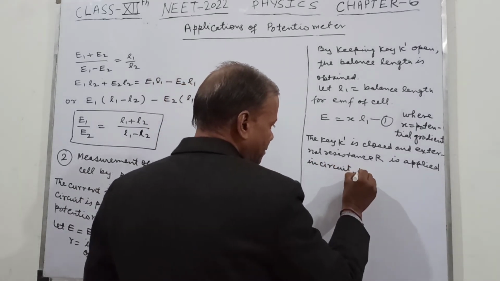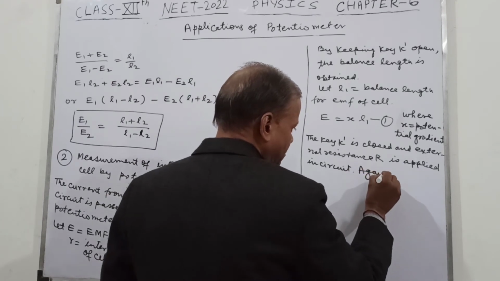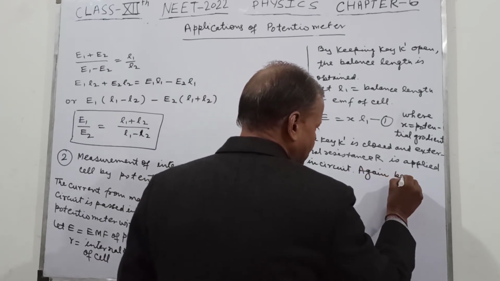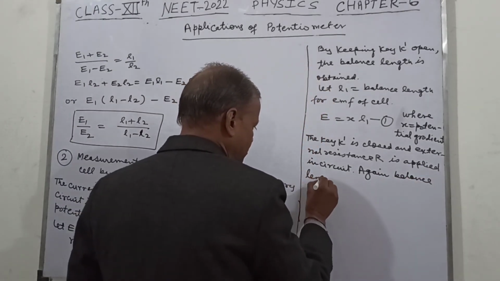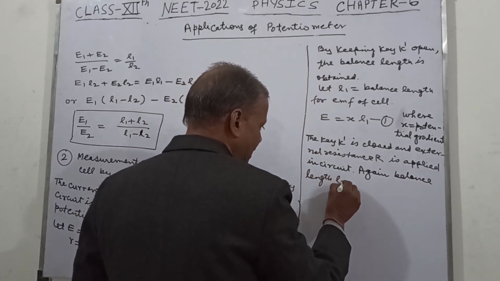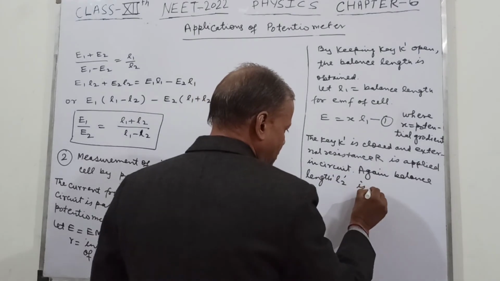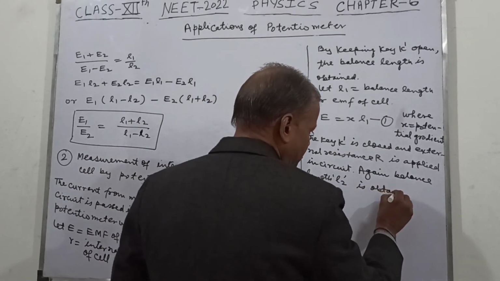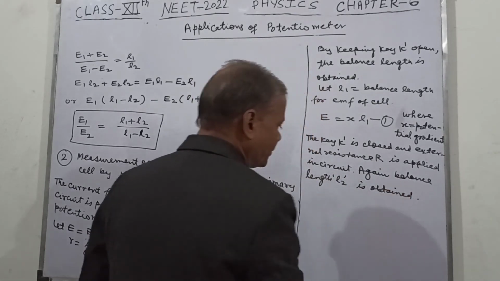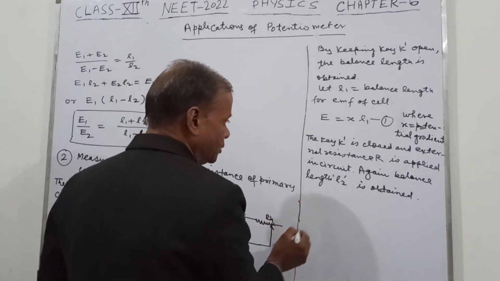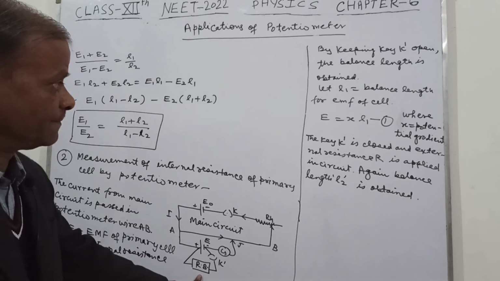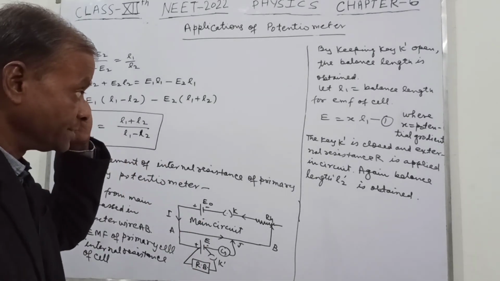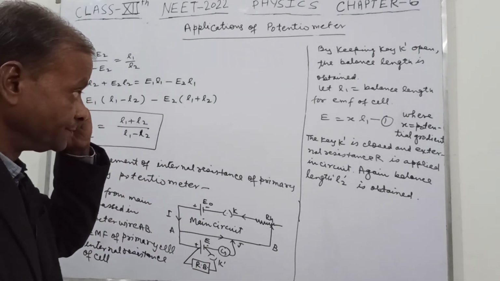Again balance length L2 is obtained. So now we have, when we have inserted this resistance from the resistance box, R is applied in circuit.